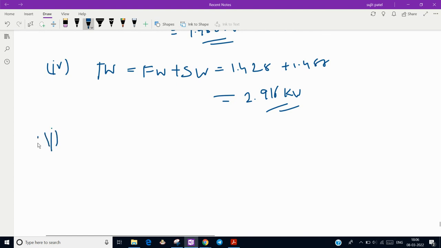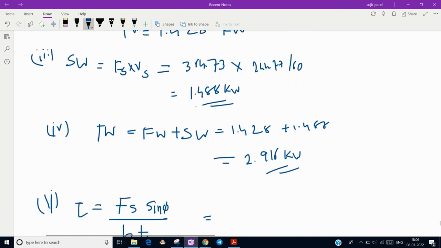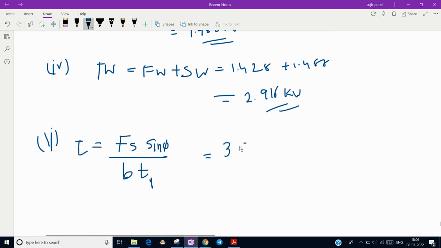The fifth and last thing that we have to find is shear stress. Shear stress is Fs divided by B into initial thickness t1, divided by sine phi. Shear force that we already found out, that is 364.73, multiplied by sine 14.5 divided by width, that is 1.5 mm, and feed rate is 0.15.